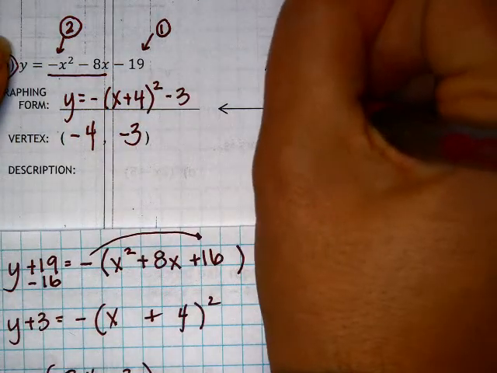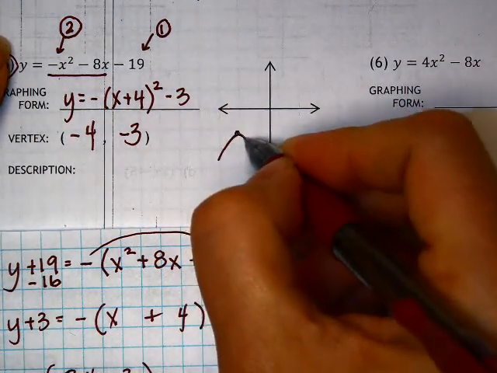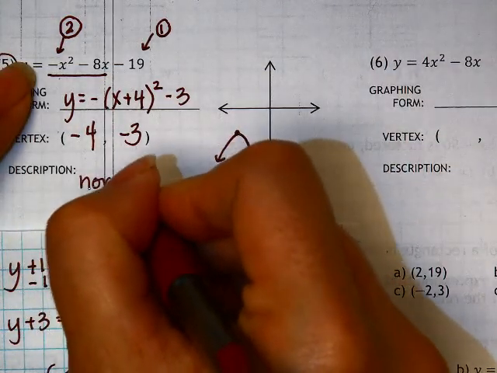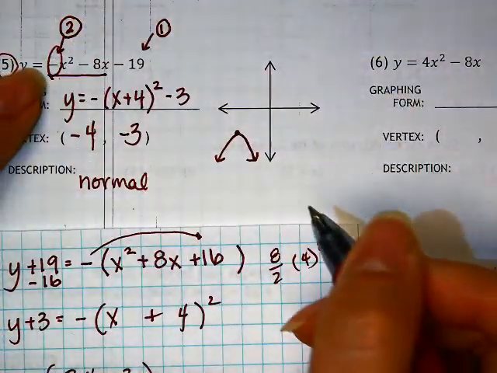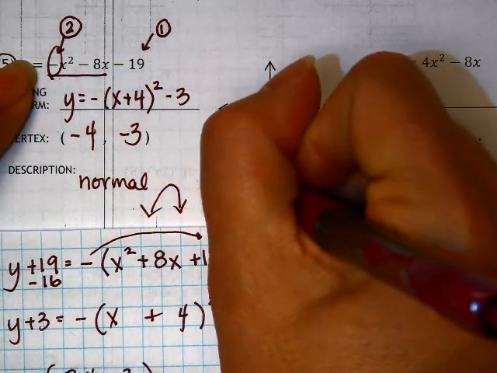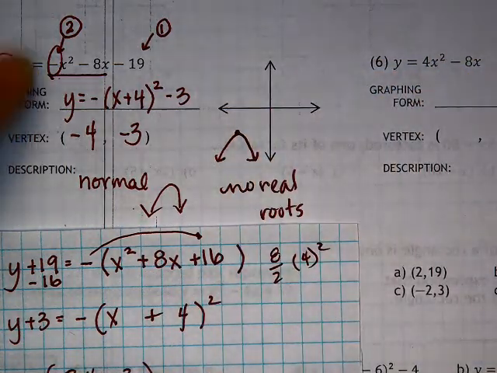So we have a negative 4, negative 3, and it is going down. It is going down normal, because it's not being vertically stretched or compressed, but it is headed in the downward direction, and so there is no real roots. All 3 of those we did were no real roots.